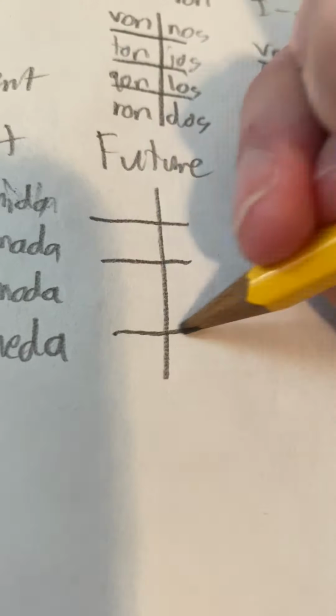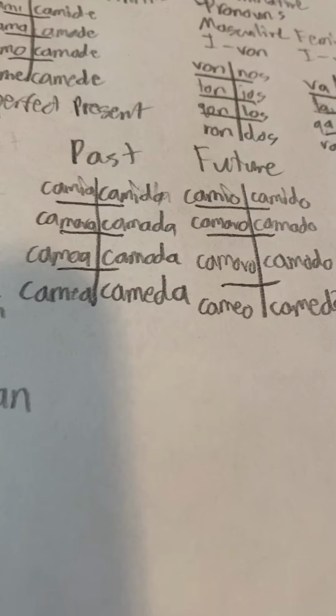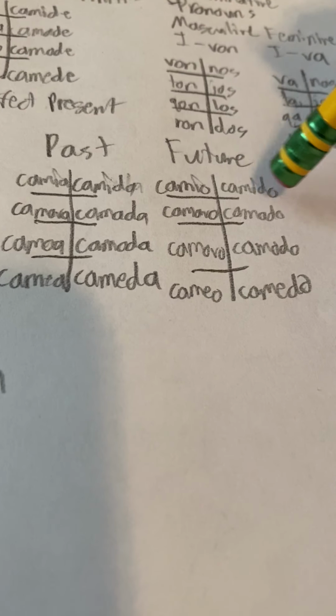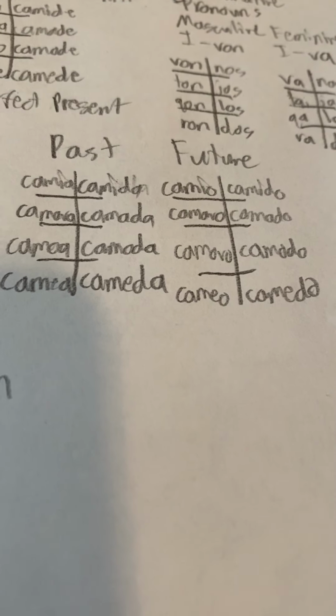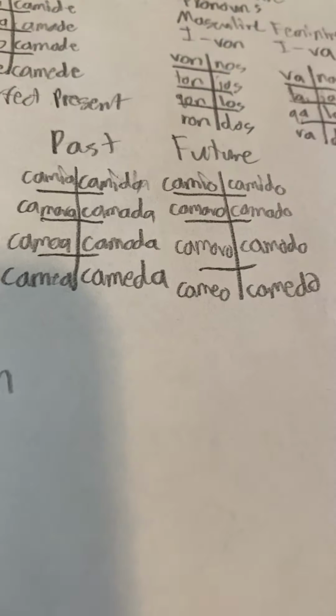I know it's really easy to just say this is the past, this is the future, but it makes sense to understand what they actually mean. So gamia means I walked. Gamava means you walked. Gamoa means he or she walked. Gamida means we walked. And then yada yada. Future gamio is I will walk. Gamavo is you will walk.